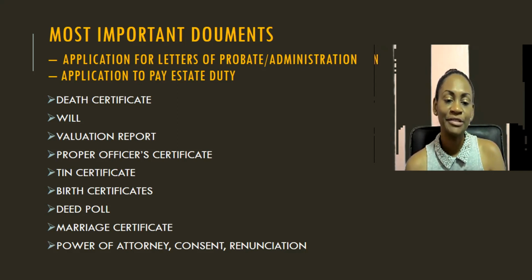You also have to have a TIN certificate. I'm skipping this one, I'll come back to that one. When you're paying estate duty, you are required to have your individual TIN as well as a TIN for the estate.